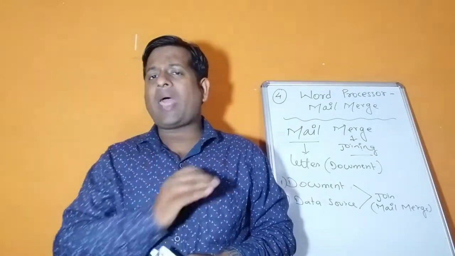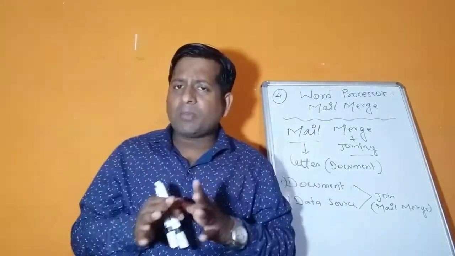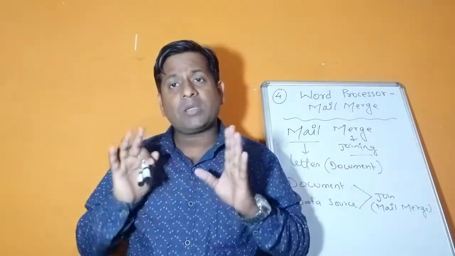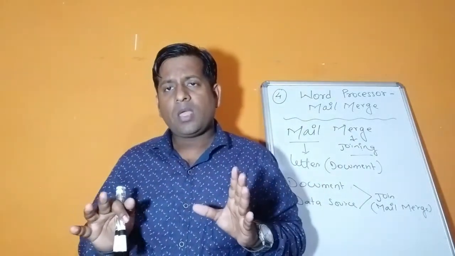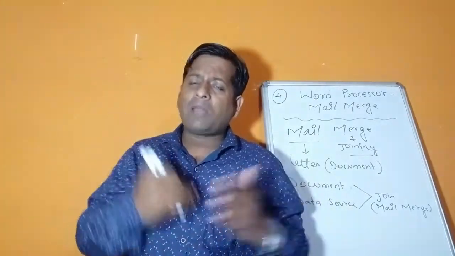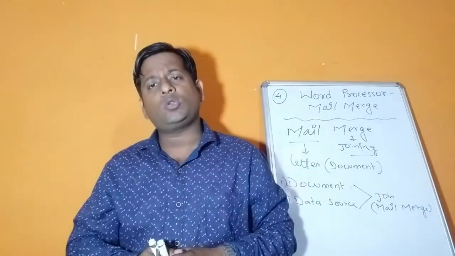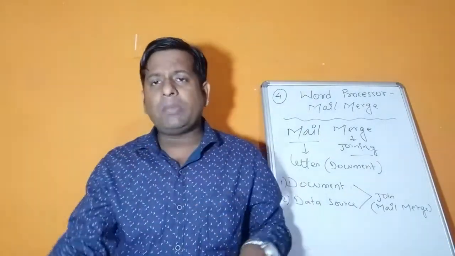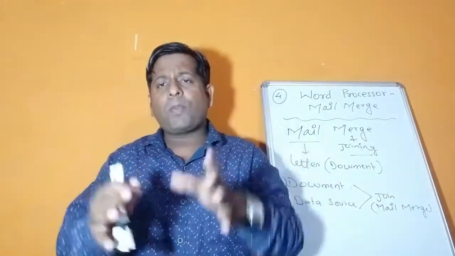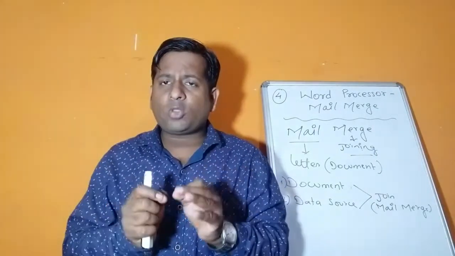In mail merge, the document you need to type, the invitation letters, is the main document. And in a separate document, you can simply type the names and addresses of your friends, relatives, neighbors, or the person whom you are going to call. There is no limit for that. You can write 100, 200, 300, as many names as you want. So it's a very simple method.